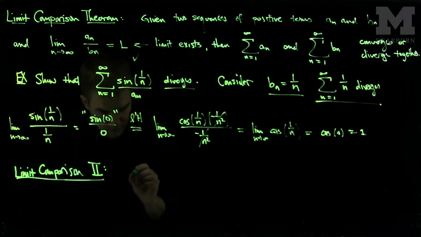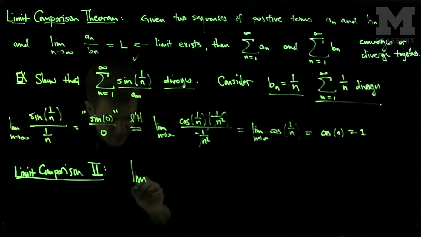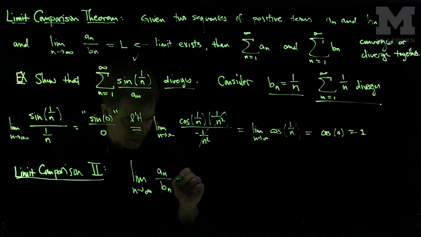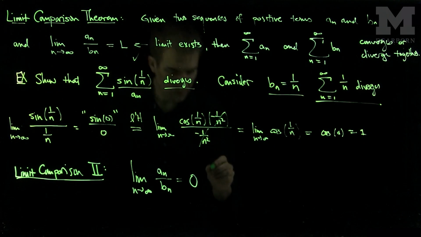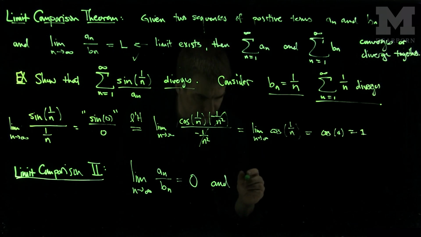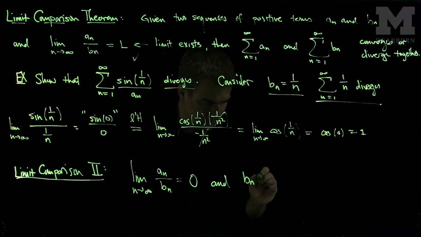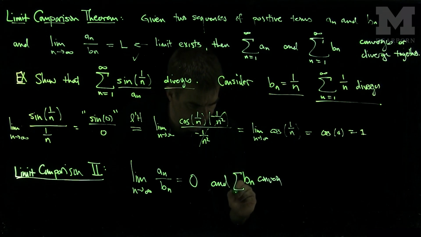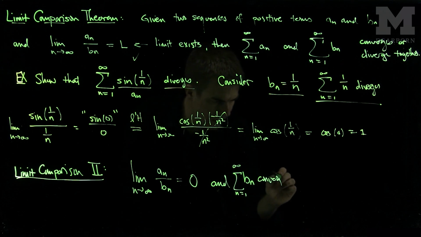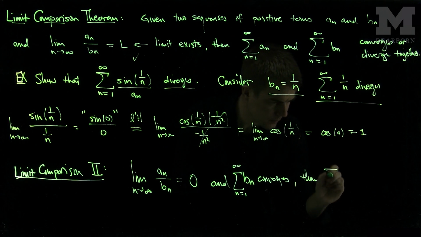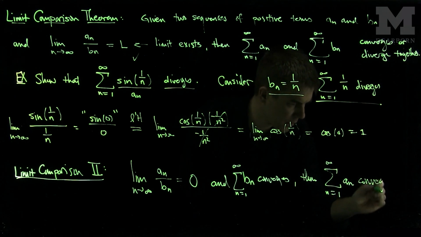It tells us that if I look at the sequences, if the limit as n approaches infinity of an over bn equals 0, and the series bn converges, the sum from 1 to infinity, then the series n goes from 1 to infinity of an converges.